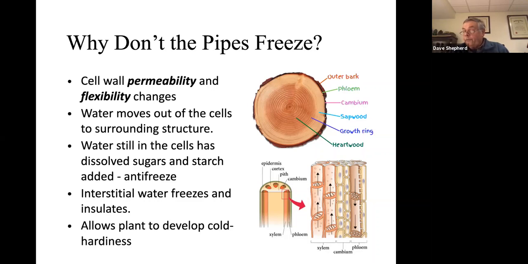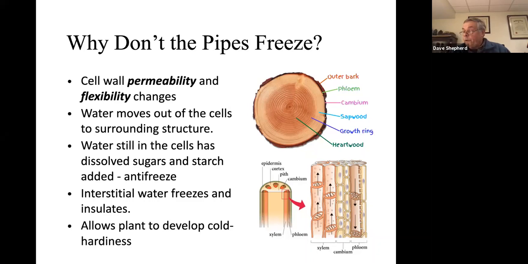Now, the living cells, as we start the acclimation process and begin to move into dormancy, are changed in two fashions. One, they allow permeability, and the second is they allow some flexibility. The permeability will allow them to lose some of their water out into the interstitial spaces between the cells in the stem of the tree, and into the areas of the tree that are no longer alive.